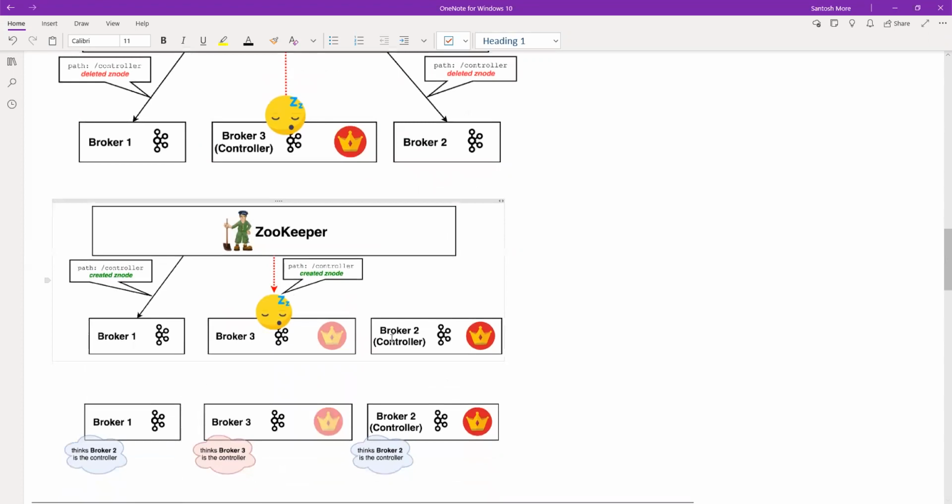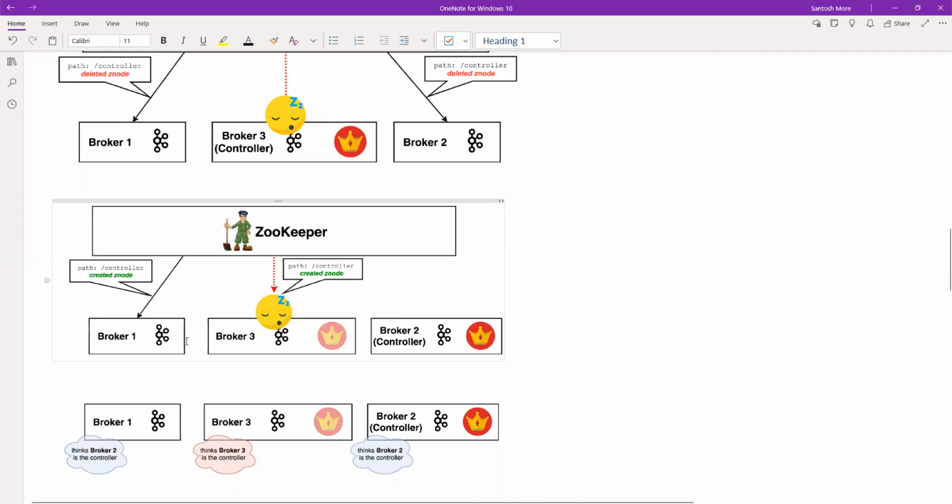But in this case, broker 2 was successful in becoming the controller, and then it will notify all other brokers by that watch from Zookeeper.